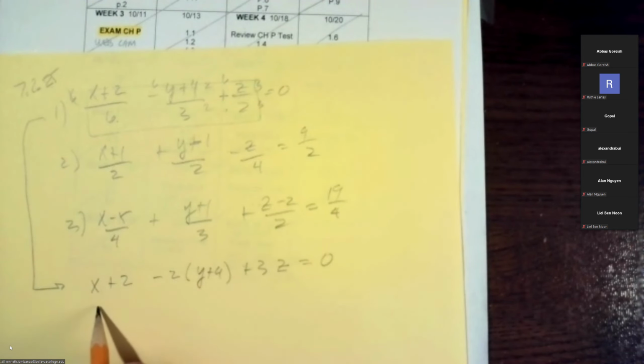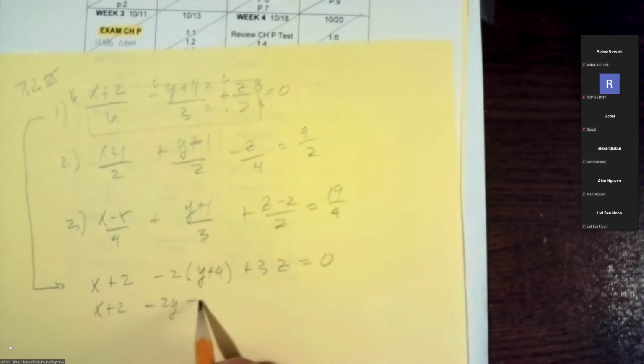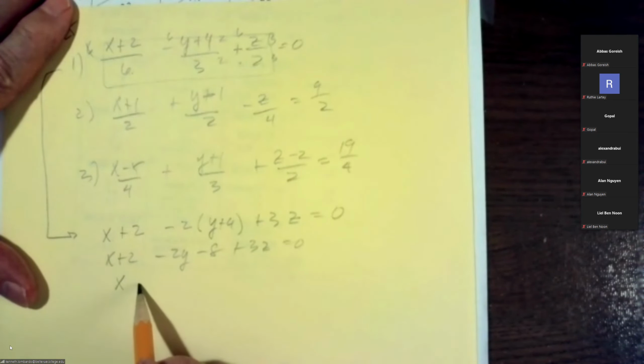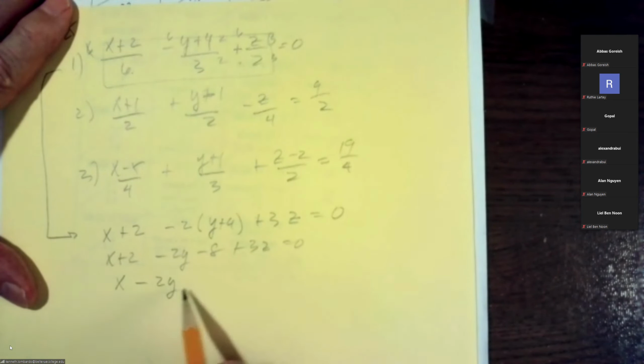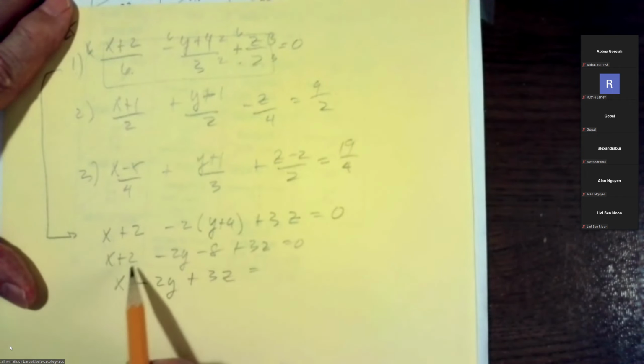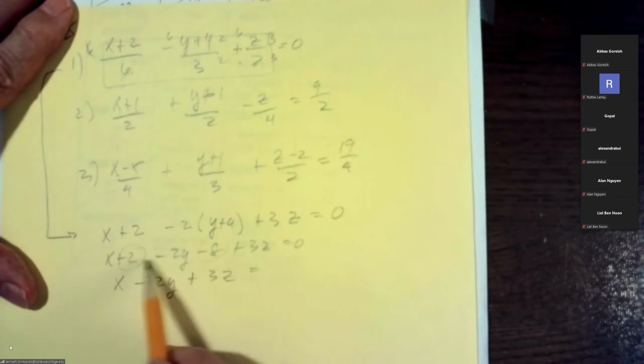So let's go ahead and simplify it. x plus 2 minus 2y minus 8 plus 3z equals 0. So x minus 2y plus 3z equals, we have negative 6. So it looks like that's going to be equal to 6.